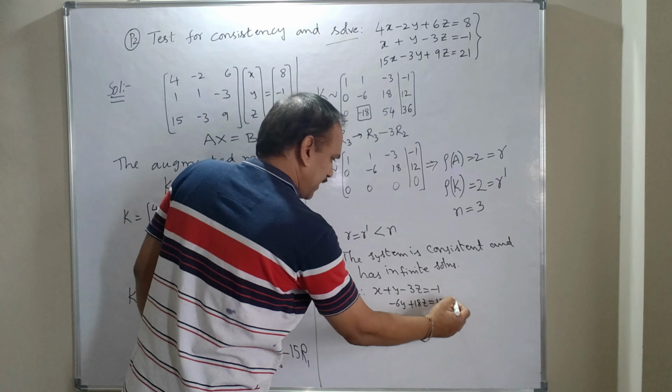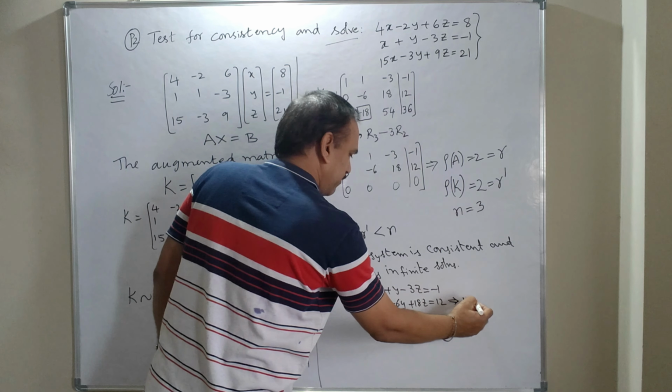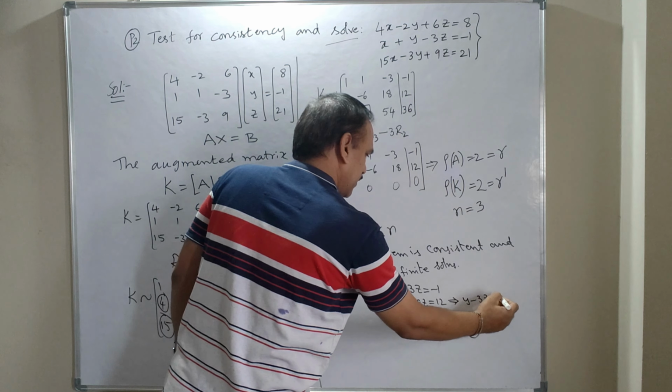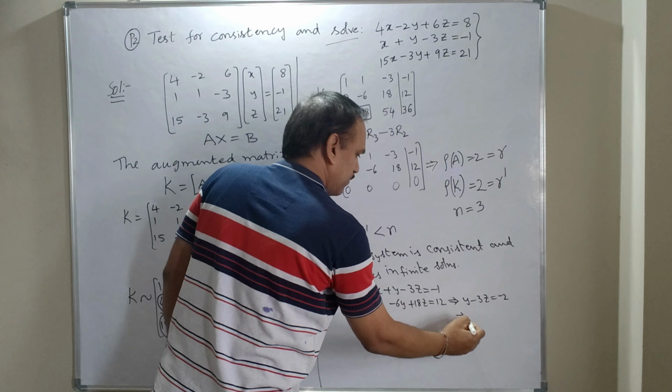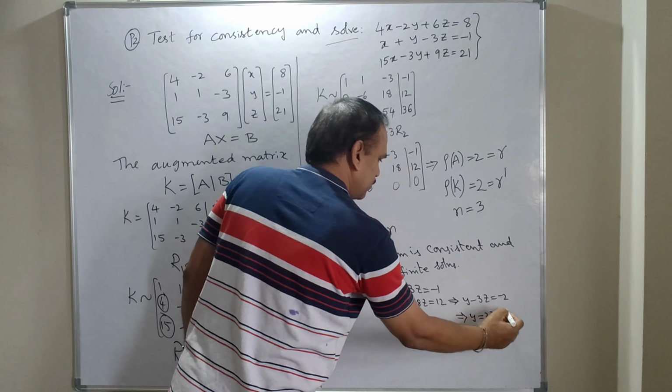So from the second equation, if you divide it by minus 6, you will get y minus 3z equal to minus 2. So from this, you can write y equal to 3z minus 2.